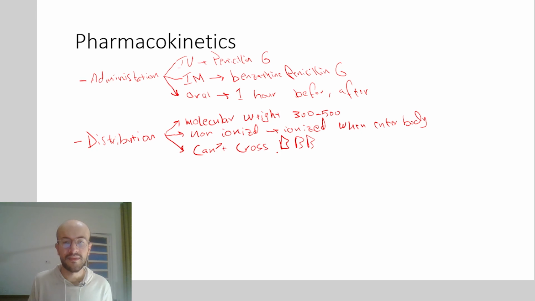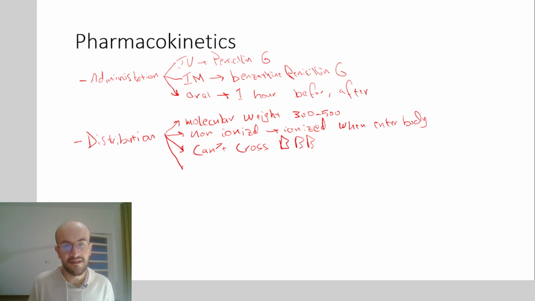But it crosses the blood-brain barrier when there is infection, like meningitis, because the infected blood-brain barrier can leak the penicillin through it, and it would reach the therapeutic level in the cerebrospinal fluid, and it would kill the infection even if it is given intravenously in the case of meningitis.